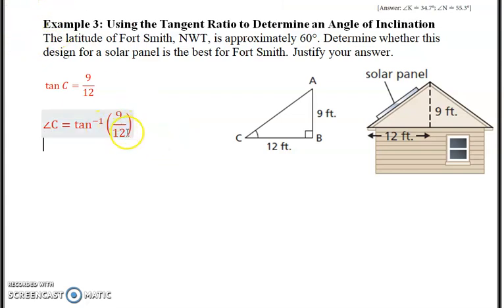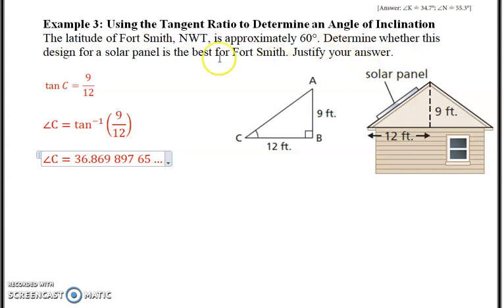And so that's going to mean that angle C is equal to that, and we just calculate that on our calculators. So inverse tan of 9/12, 36.869897, and so on.